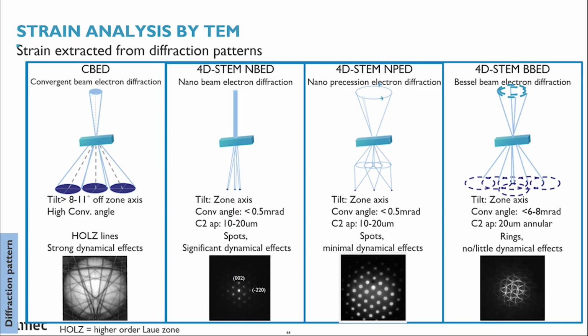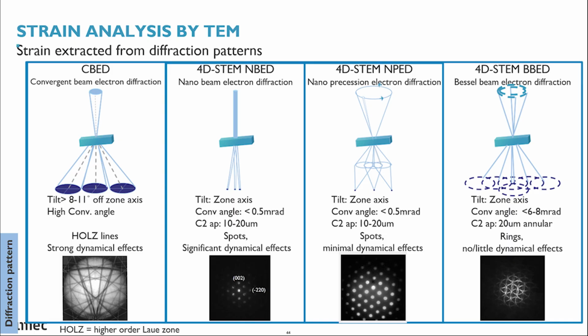This technique needs a tilt off zone axis of about 8-11 degrees, and because of that, it's not really suitable for semiconductor devices. By contrast, for the next techniques, nanobeam electron diffraction, precession electron diffraction, and bessel electron diffraction are the most used to analyze strain in semiconductor devices.